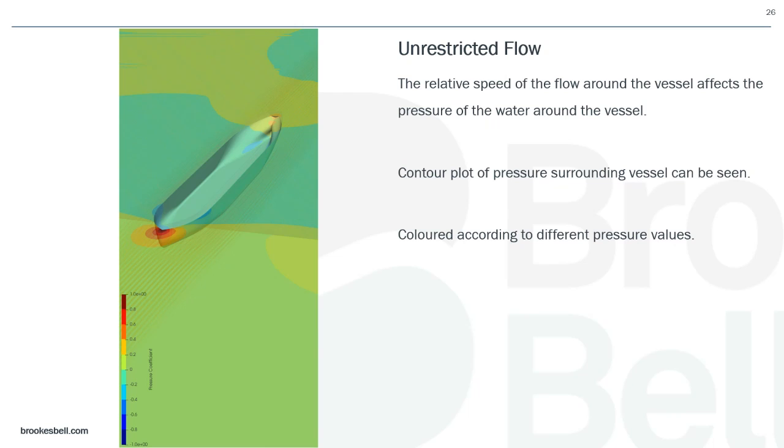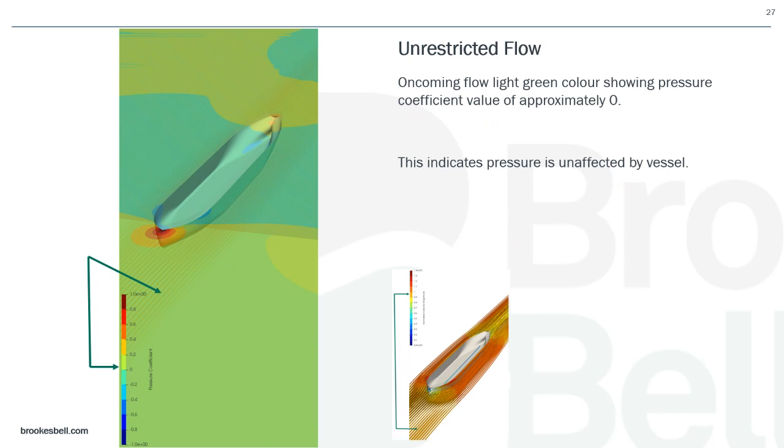If we look in the same areas, further forward of the vessel where it's unaffected by the vessel, your colour is kind of light yellow-greenish, and that's a pressure coefficient value of 0. And that 0 value signifies unaffected flow, so the pressure is unaffected by the vessel.